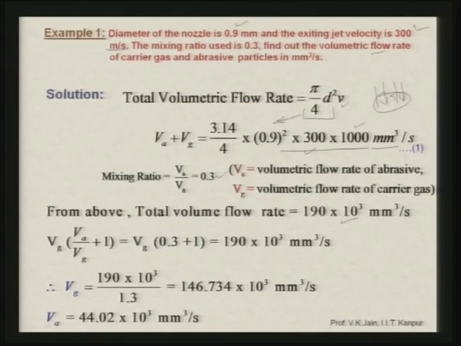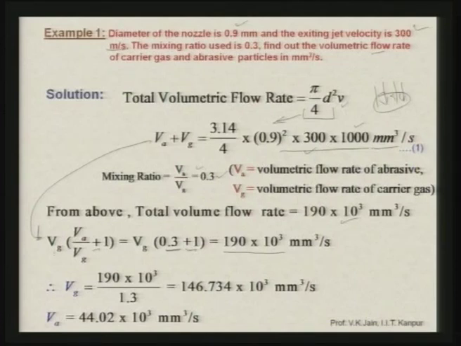Now, we can write this equation as Vg multiplied by (Va over Vg plus 1) equal to the total, and Va over Vg is 0.3. So substituting 0.3 plus 1, it becomes equal to 190 into 10 raised to power 3 cubic millimeters per second.